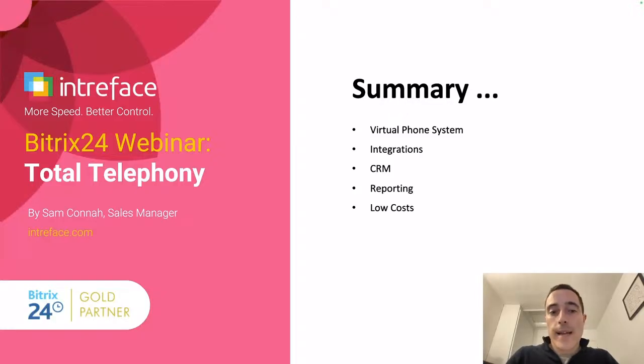We've also seen how that information integrates into the CRM, so we have the entire call history saved inside the record and a very easy click to call infrastructure within the record to call our clients. And as we've just seen, we have quite deep and robust reporting options to analyze our call history in Bitrix. And as we mentioned, there is a very low setup cost to start to utilize the system. So that brings us to an end of today's webinar.